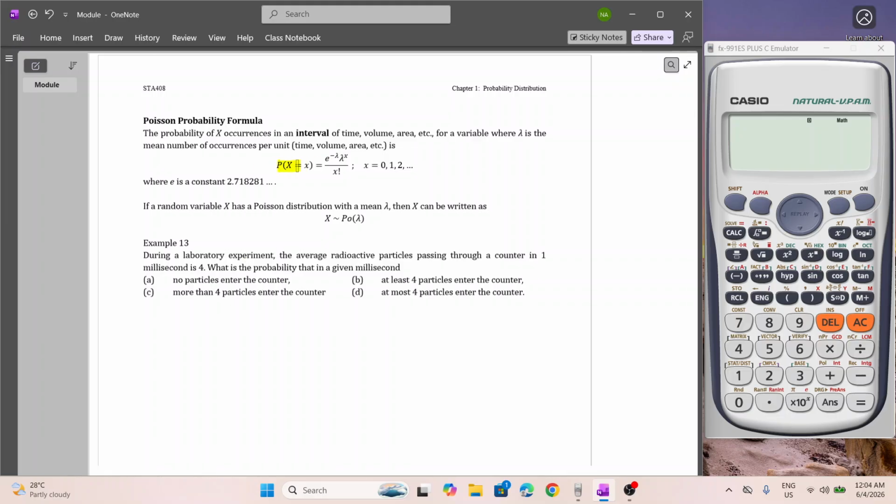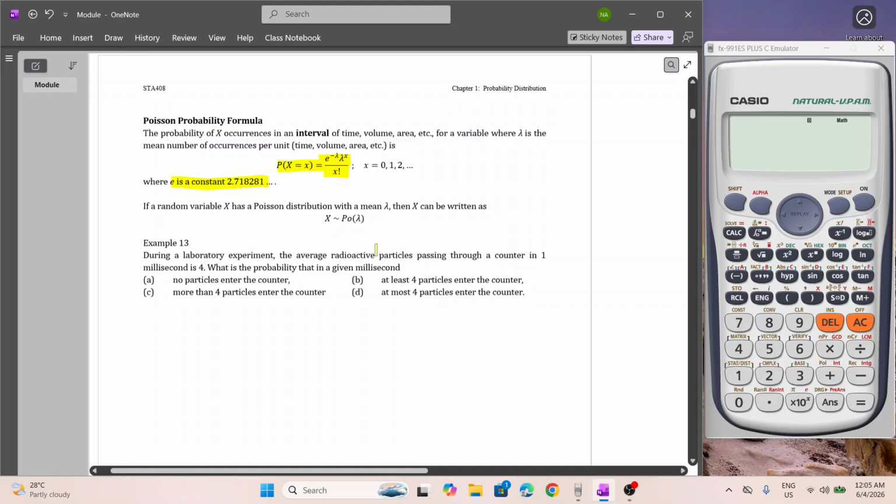Okay, probability of X equal to x is equal to e to the power of negative lambda times lambda to the power of x over x factorial. Okay, where e is equal to 2.718281.